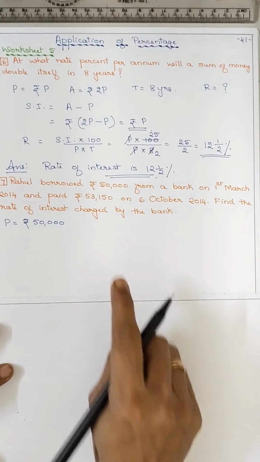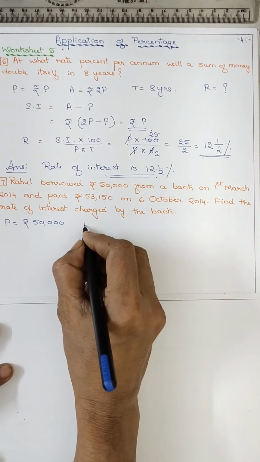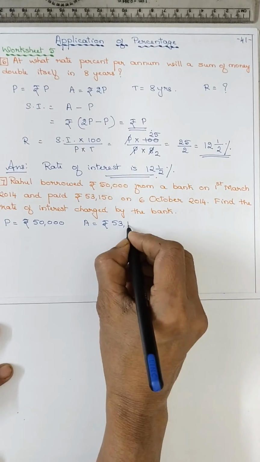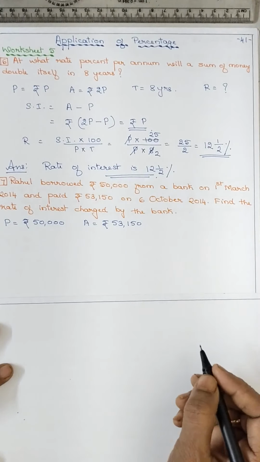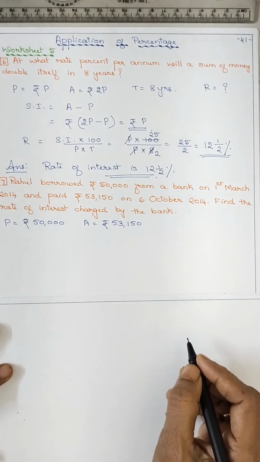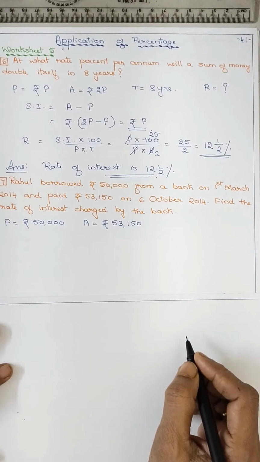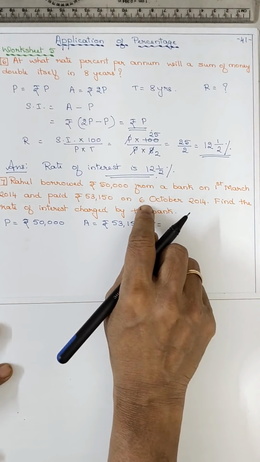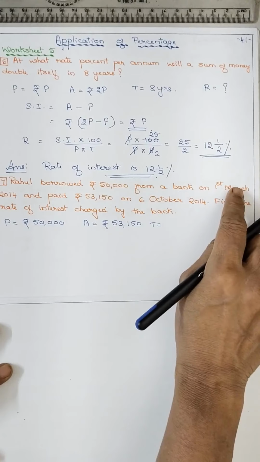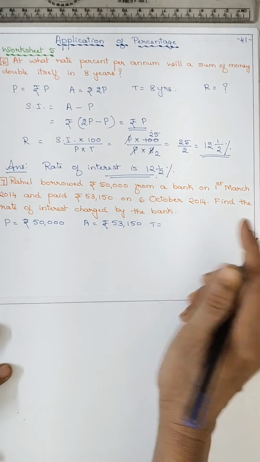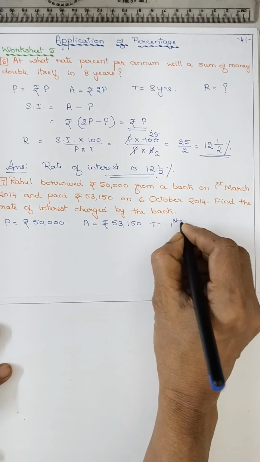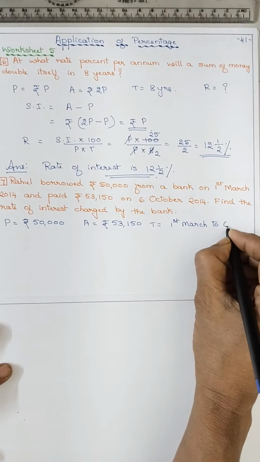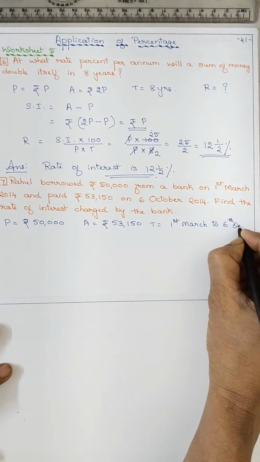He paid 53,150, means amount is equal to 53,150. Find R, but for that, time, what they have told, is from 1st March to 6th October.